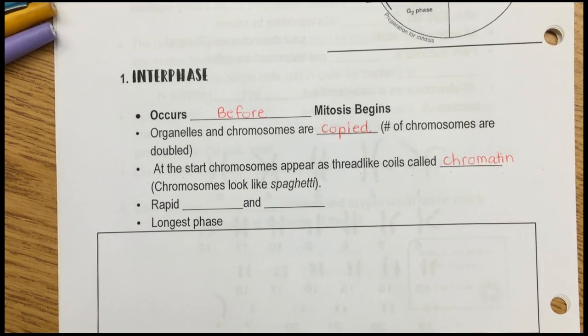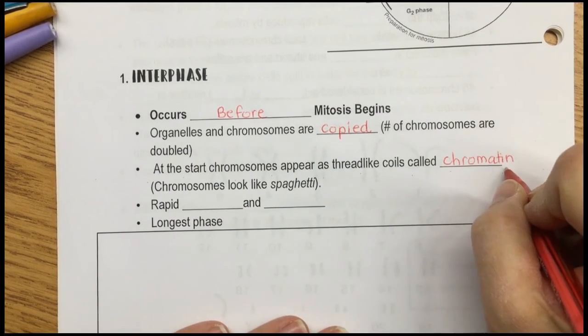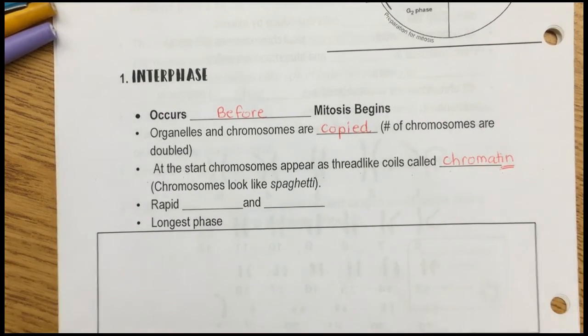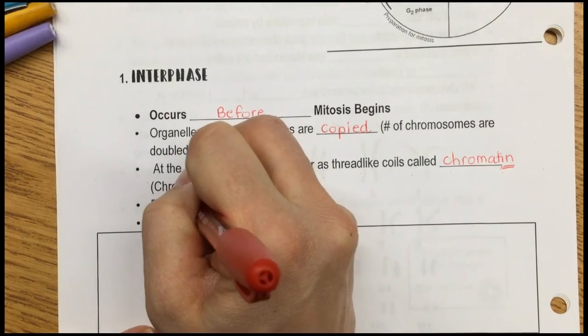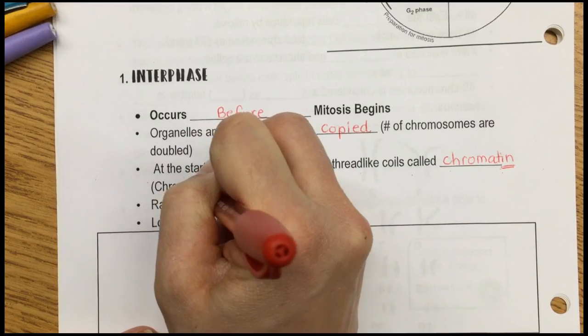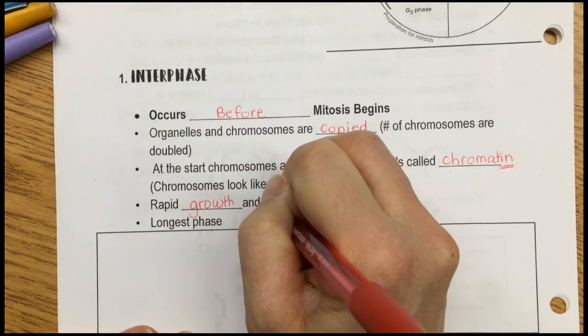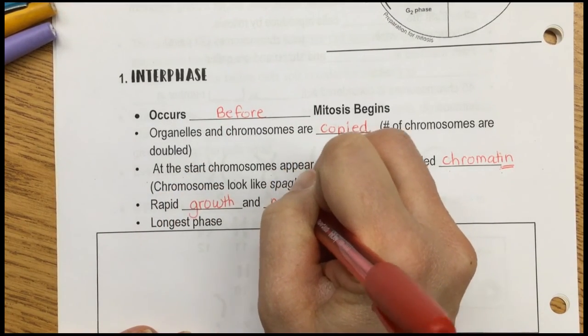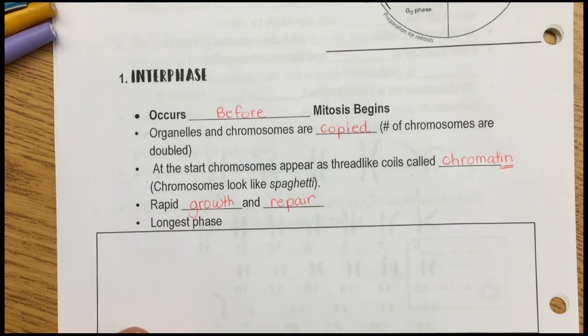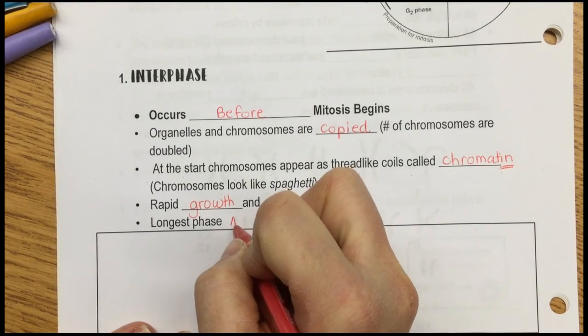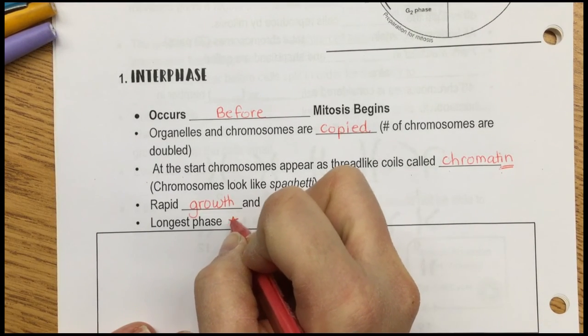The chromosomes look like spaghetti, or I use the IN to remind me of noodles, and that's how I remember it. Before PMAT, it's chromatin. There's lots of rapid growth and repair, and I can't stress enough that this is the longest phase.